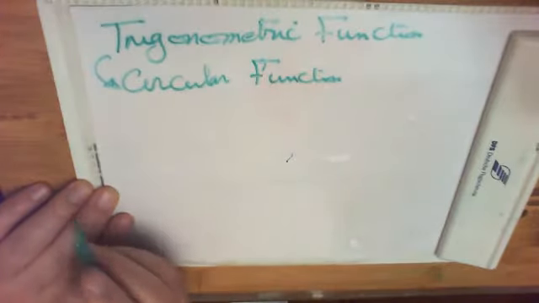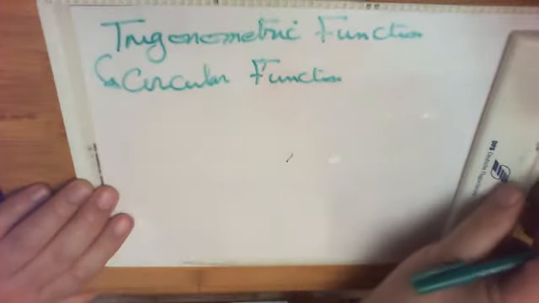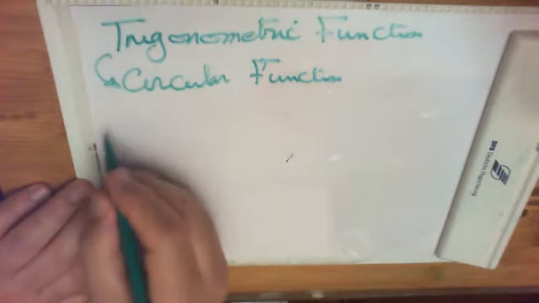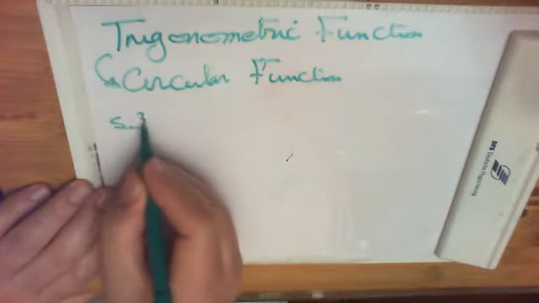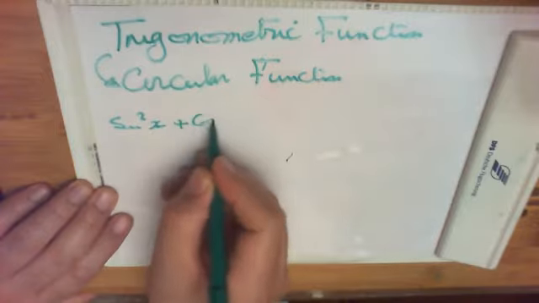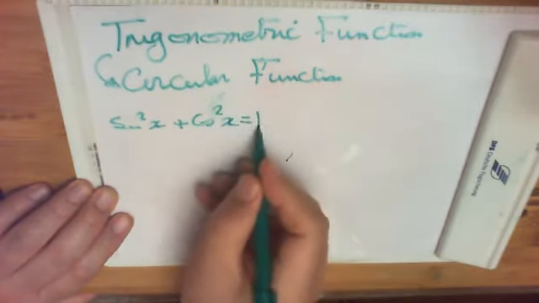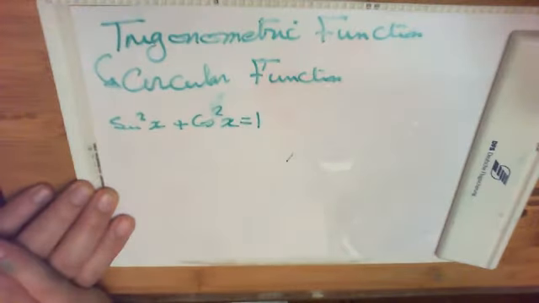Why? We know the relation between sine squared and cosine squared. We know that sin²x plus cos²x equals 1. You remember this?